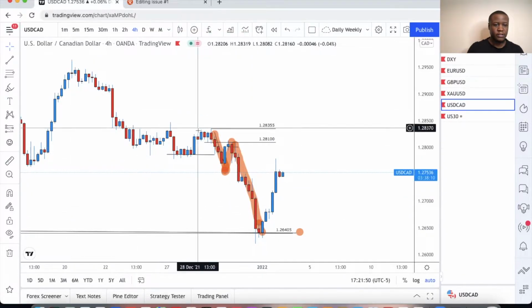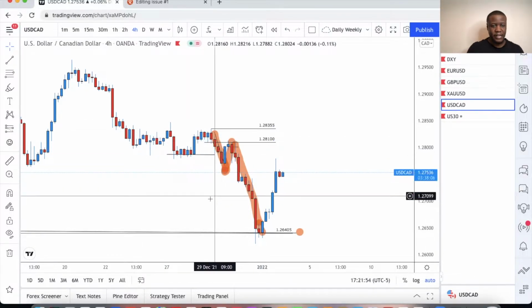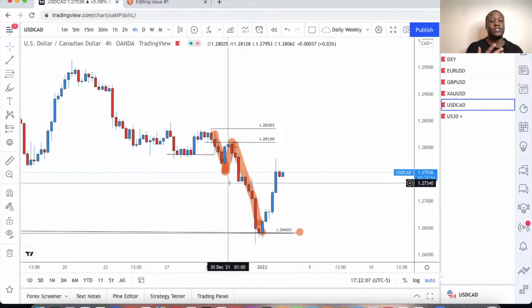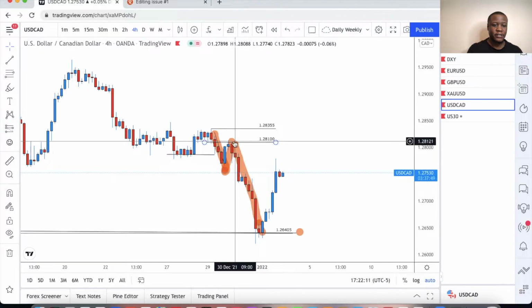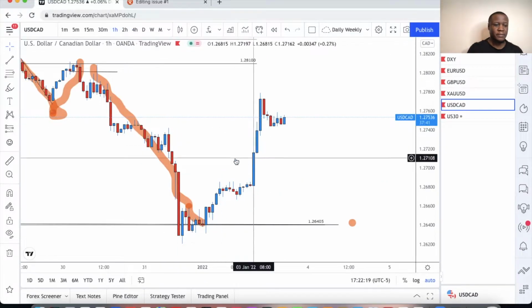So 1, 2, 3, and 4 confluences, and then the fifth confluence, always the time of day, which is the London session between 2 and 5 o'clock, which we got the move right here. All right, so let's break it down even more to the 1 hour time frame.